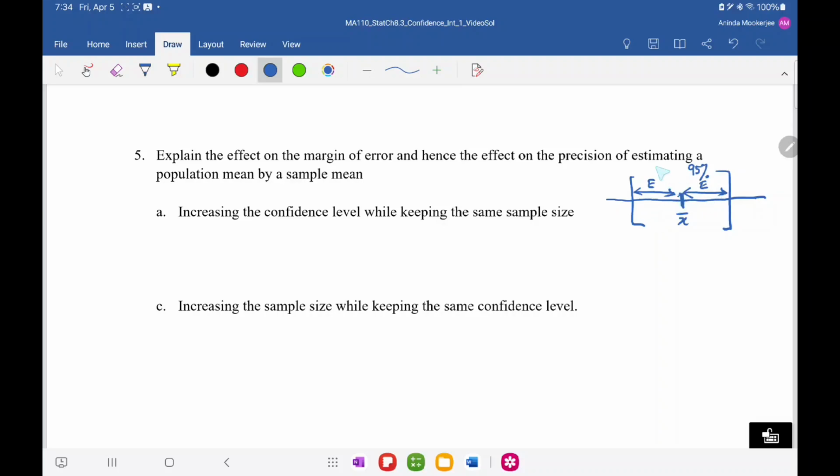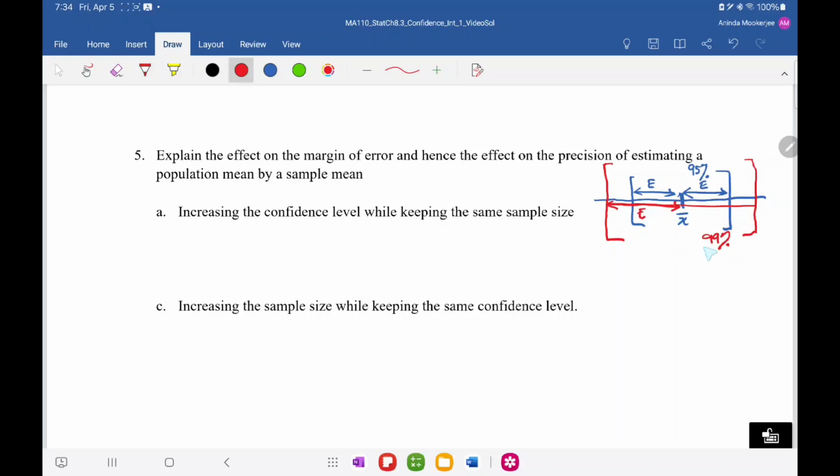Now, if we increase this interval to a 99% confidence interval, then it's going to become a wider interval, right? Let's say the red here is 99%. So we've increased the confidence level, and what happens is the margin of error E has increased.